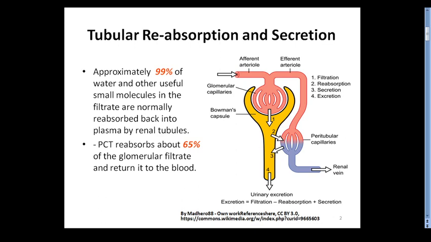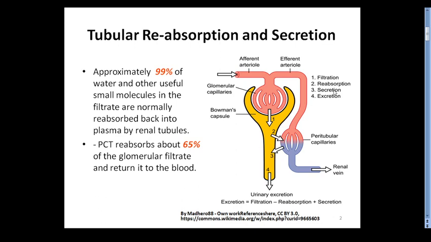First one is the filtration, second one is the reabsorption, third one is the secretion, and fourth one is the excretion. We have discussed earlier in the previous lecture about the glomerular filtration, how the filtrate is formed and various factors affecting it. And in today's lecture we will discuss in detail about the reabsorption and secretion of the different substances into the renal tubules.